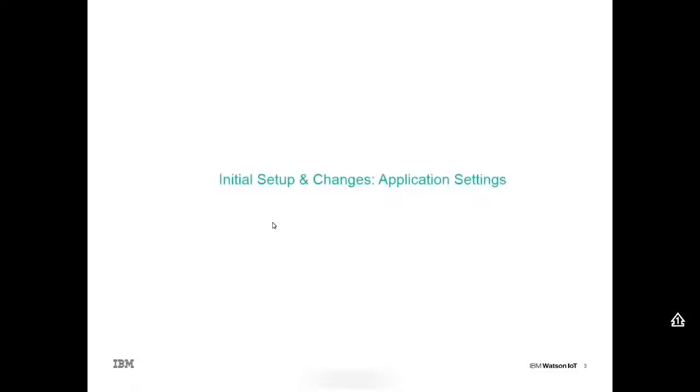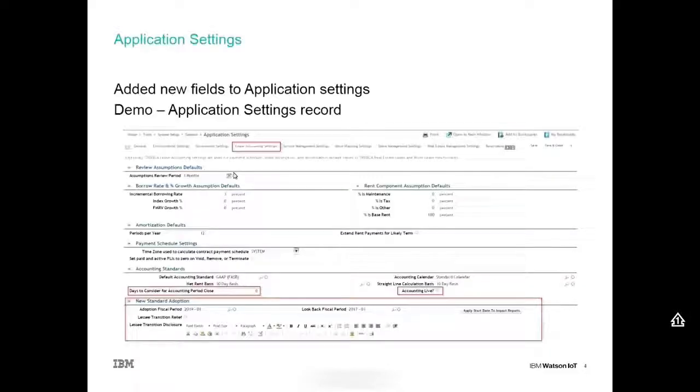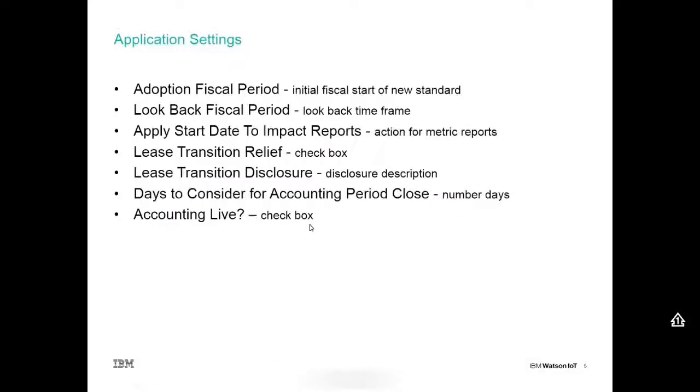So initial setup and changes in the application setting. We added a few fields in the application setting record, and then we'll go through some demo. So what we've added in the application setting records for the system administrator to config is adoption fiscal period for the new standard.